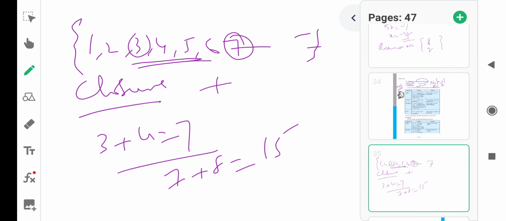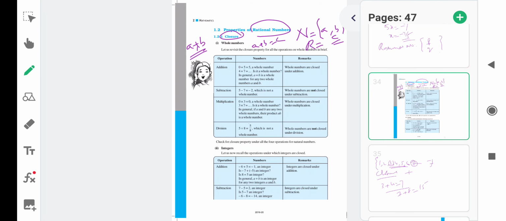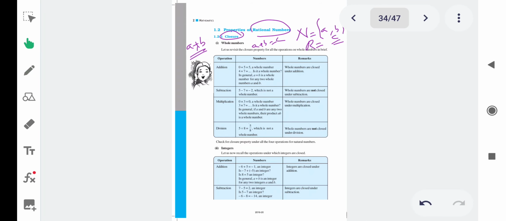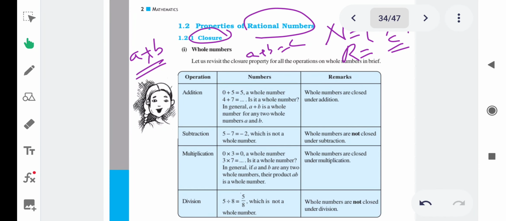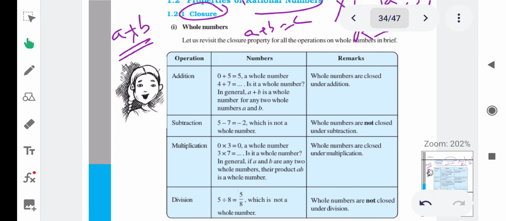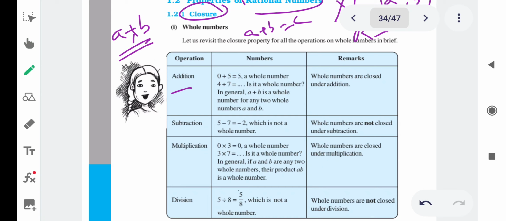Similarly, now coming to the rational numbers, now the properties we will check. Now addition. We are first looking at whole numbers, the properties.